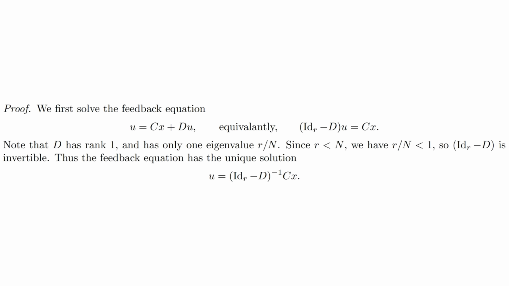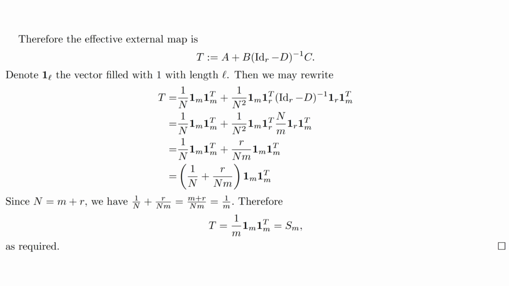Therefore, the feedback equation has a unique solution, u equal to (I minus D) inverse times C times x. Therefore, the effective external map is A plus B times (I minus D) inverse times C. A quick computation shows that T is an m by m matrix filled with 1 over N plus r over Nm.